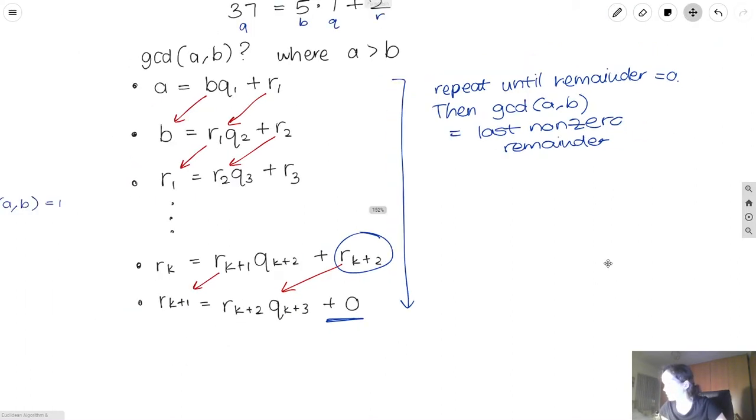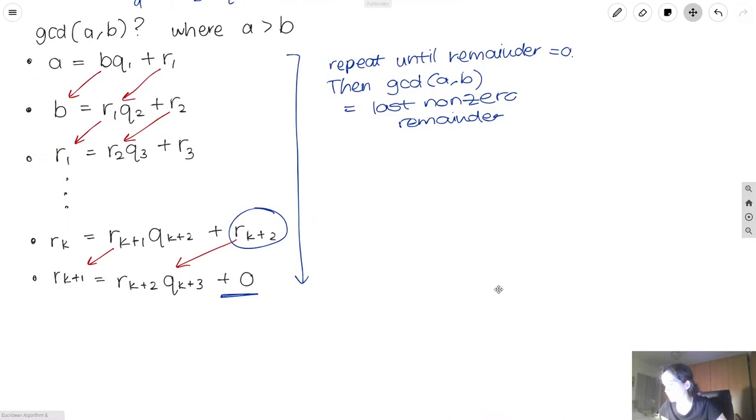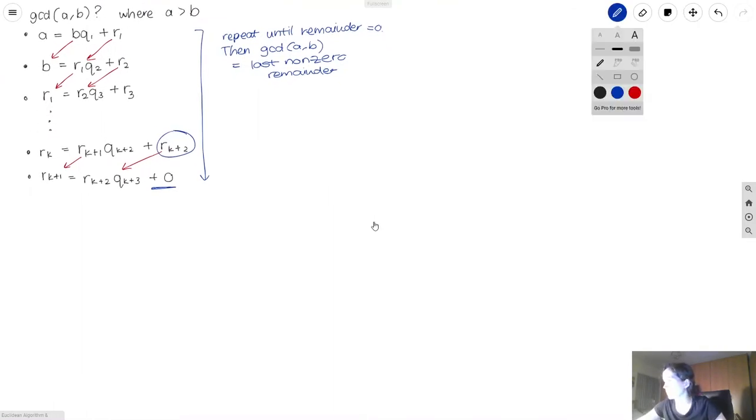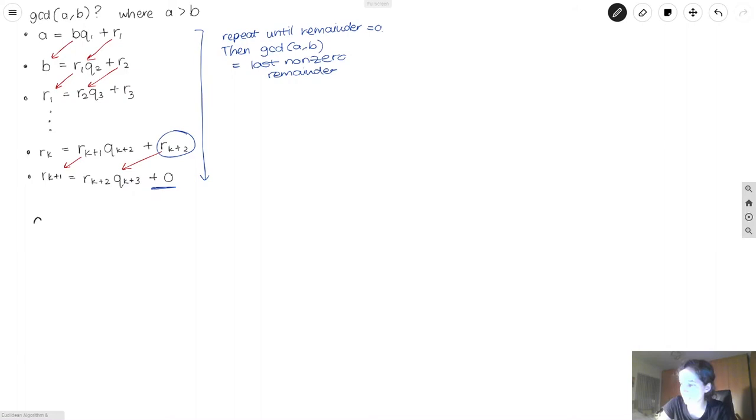So let's quickly look at an example using these steps. Say we wanted to know the GCD of 297 and 51. 297 is bigger than 51, so we say 297 is equal to 51 times 5, which is 255, plus 42.